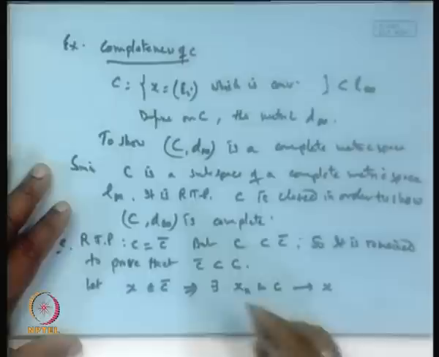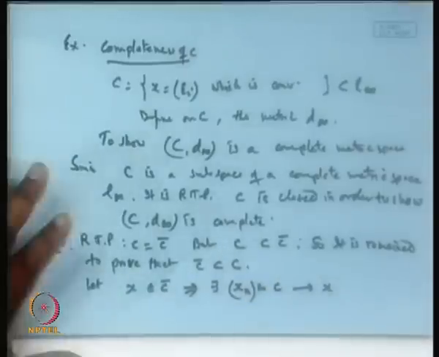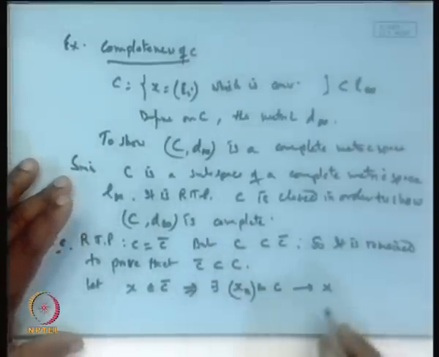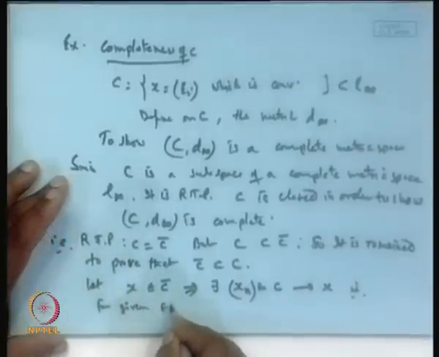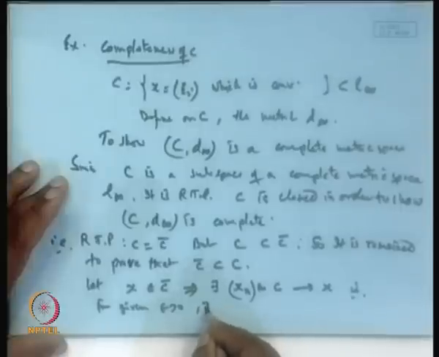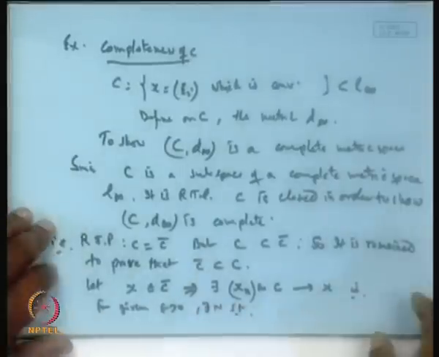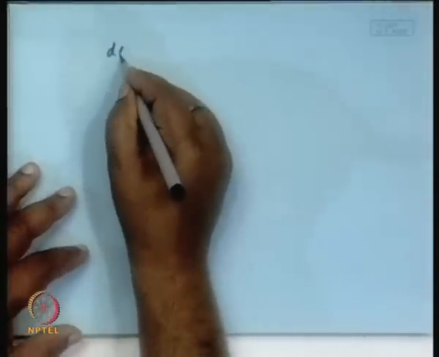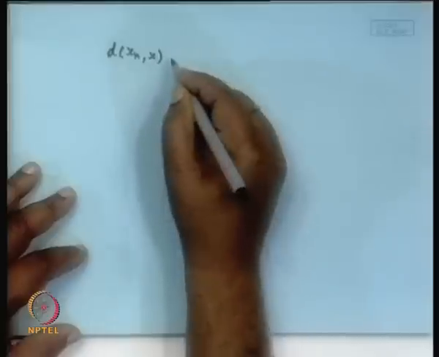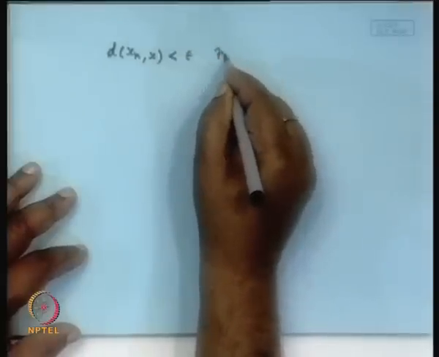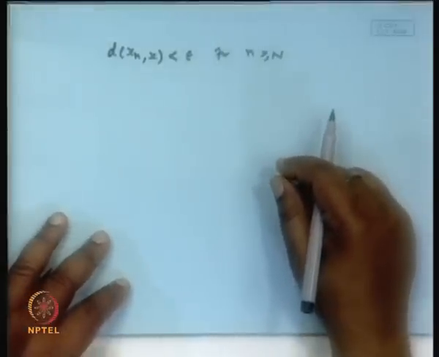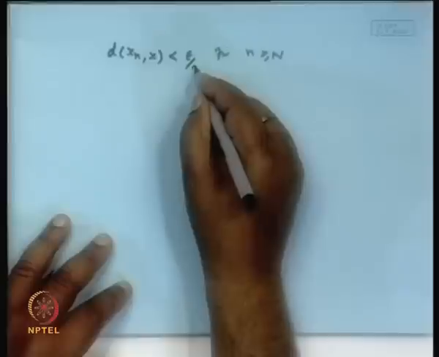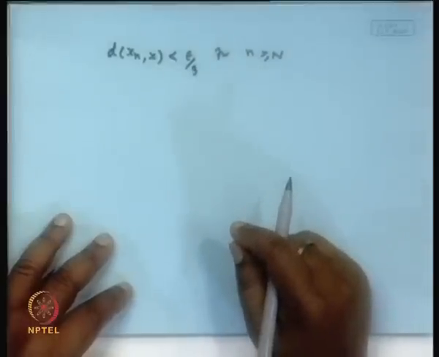There exists a sequence x_n in C which converges to x. So, what we get is that for given epsilon greater than 0, there exists an N such that d(x_n, x) remains less than epsilon for all n greater than or equal to capital N. Let it be epsilon by 3 in place of epsilon.